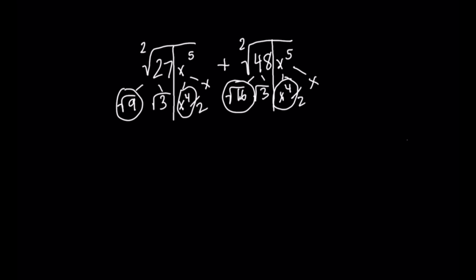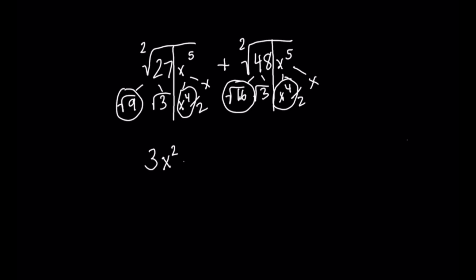So this one right here would be 3x squared, because we divided 4 by 2. The variable whose exponent is divisible by the index, when we split it, goes on the outside of the radical.